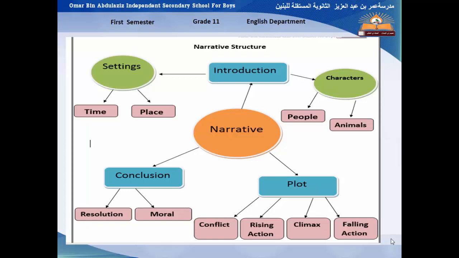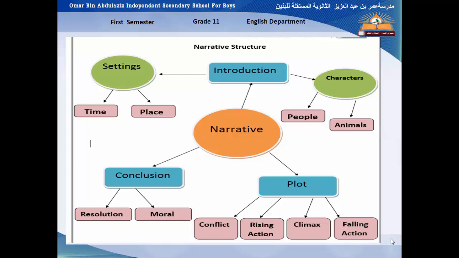In the plot, there are different items: the conflict, the rising action, the climax, and the falling action, which is the action before the resolution. So in the body, I have to write the plot, and in the plot, the conflict, the rising action, the climax, and the falling action.